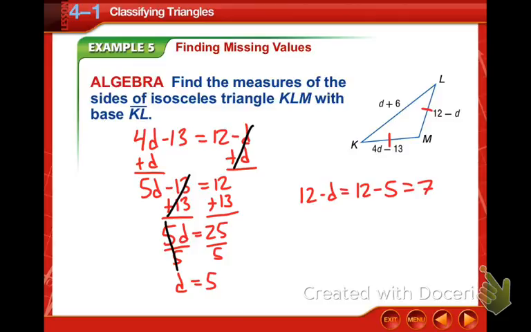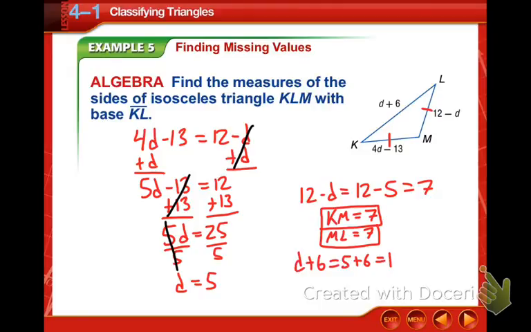So that means that KM is 7 and ML is 7. There's 2 out of 3 sides for our triangle. The last one, D plus 6, so 5 plus 6, which is 11. And that means that KL is 11.